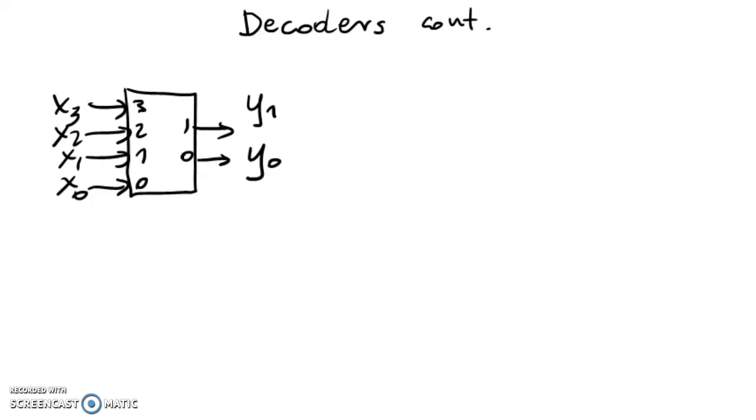Hi, in the first mini lecture concerning decoders, I introduced the most common one, which is called simply decoder, without any additional information. If you see this name, that means that it is a binary to one of n in general.